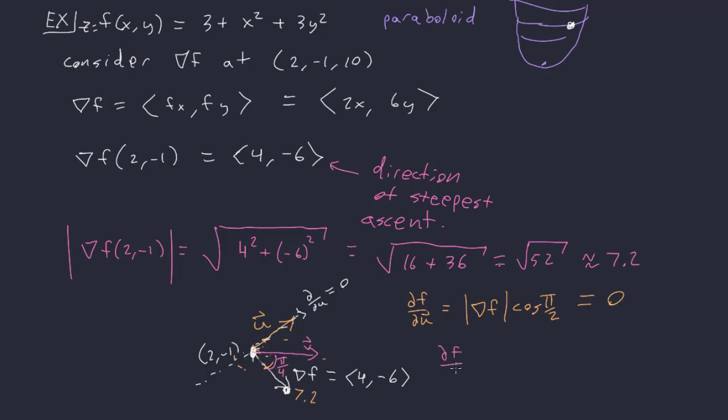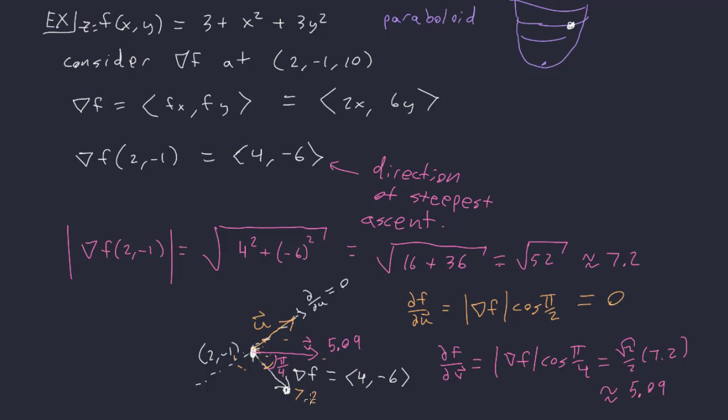The directional derivative of f in the direction of V will be the magnitude of the gradient times cosine of pi over 4, which will be root 2 over 2 times 7.2, which is about 5.09.